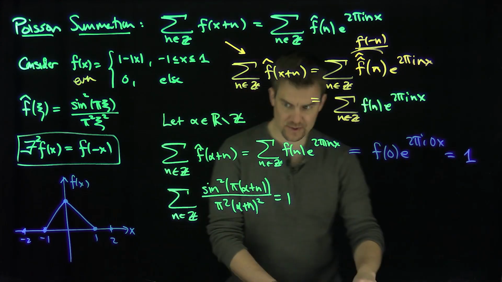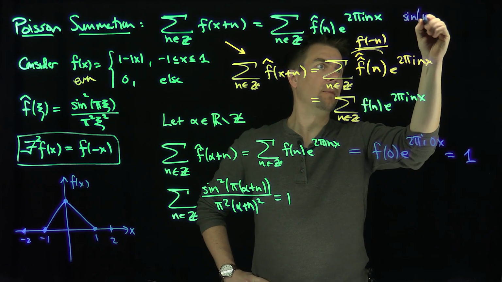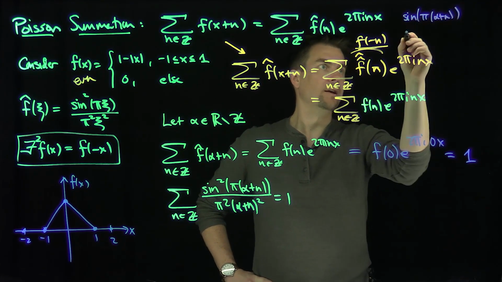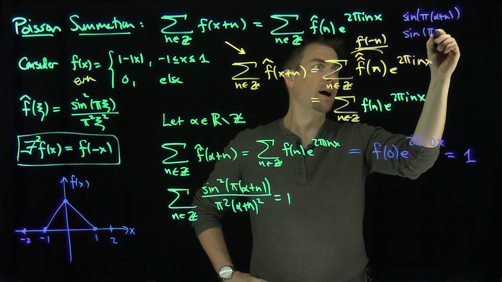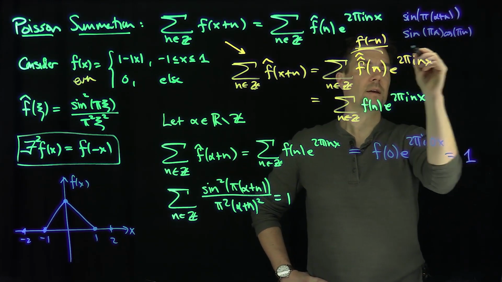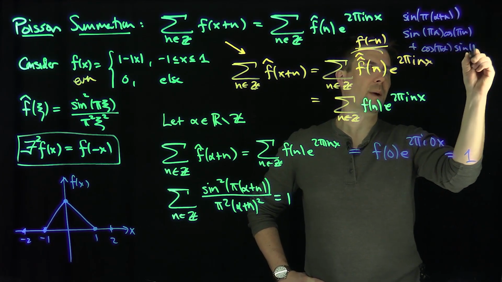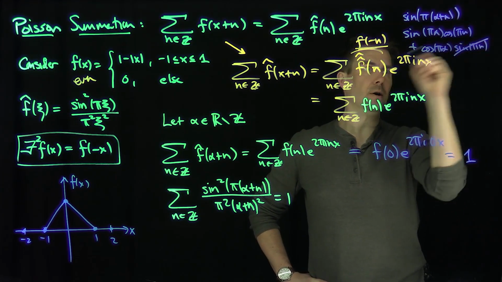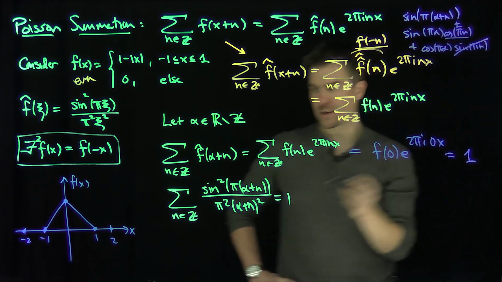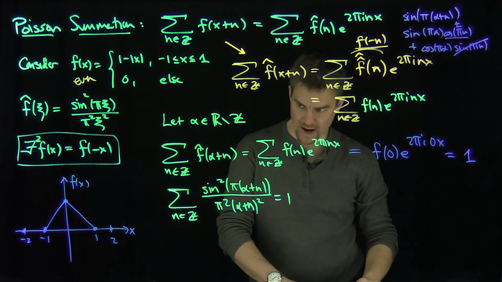It is the sine of pi alpha times the cosine of pi n, plus the cosine of pi alpha times the sine of pi n. The sine of pi n is going to be 0. The cosine of pi n is either plus or minus 1, but when I square it, nothing happens. So the whole numerator just simplifies to the sine squared of pi alpha.